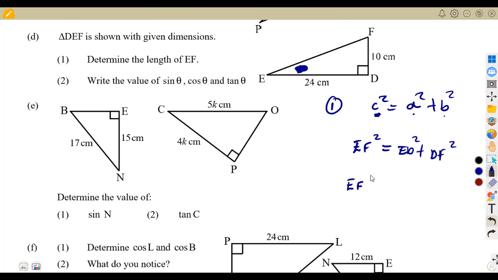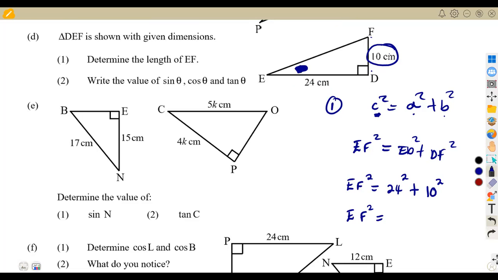So EF squared is equal to ED squared. That is the value we have for ED, which is 24 centimeters. So just square the number as it is, 24, plus DF squared. That means the side from D to F, which is 10 centimeters. So that is 10 squared. So we obtain EF squared equal to 24 squared plus 10 squared.